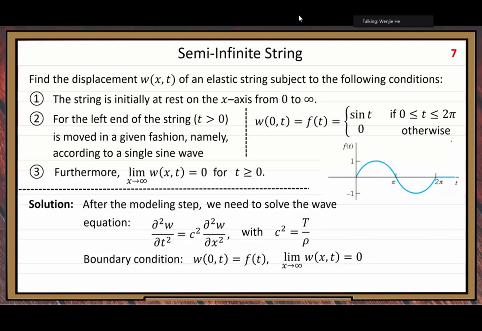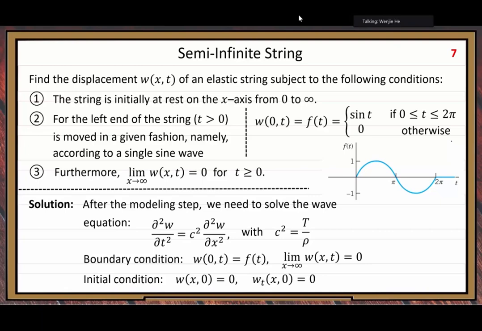Then the initial conditions. Because the string is initially at rest, when t equals 0, the initial condition is 0. And at rest, we interpret its derivative also as 0. Because it's a second partial derivative, you need the first partial derivative's initial value as well.